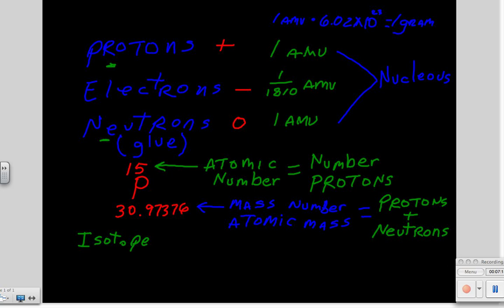So, as it turns out, when you look at this number, that is said to be the weighted average of all the different isotopes that are present in nature of a certain element. So that's the average atomic mass of the isotopes.